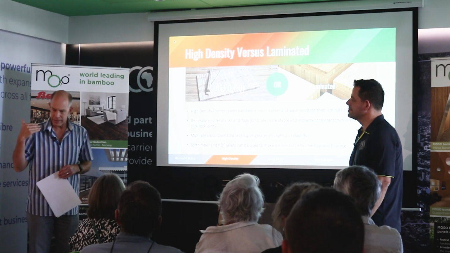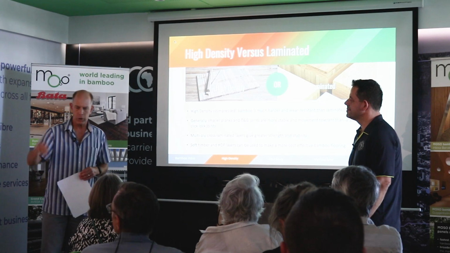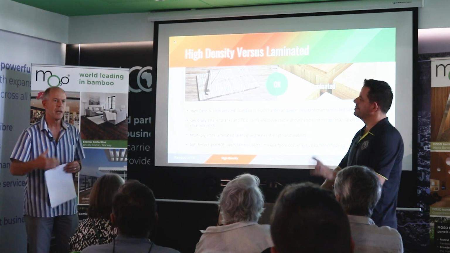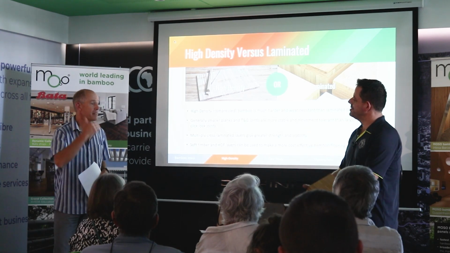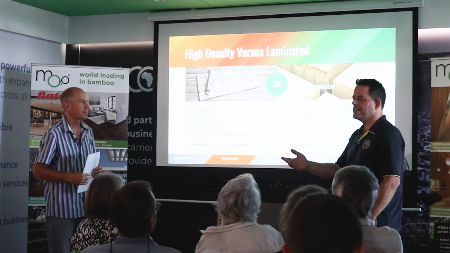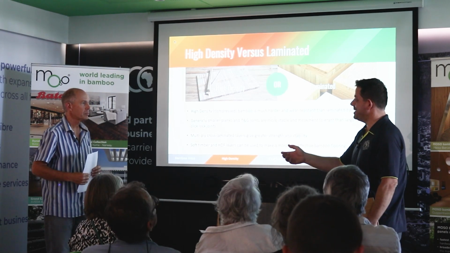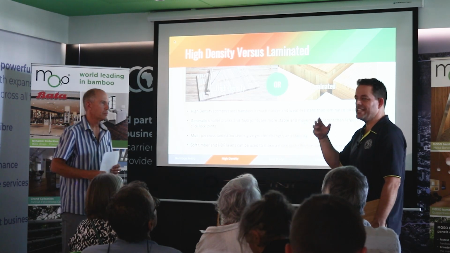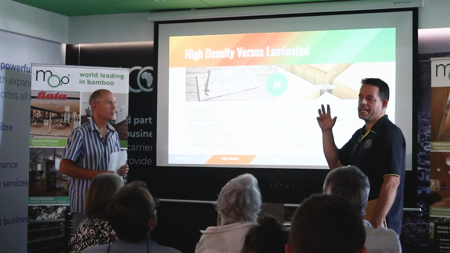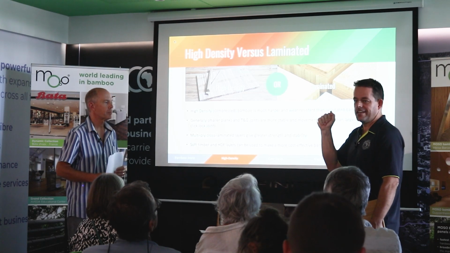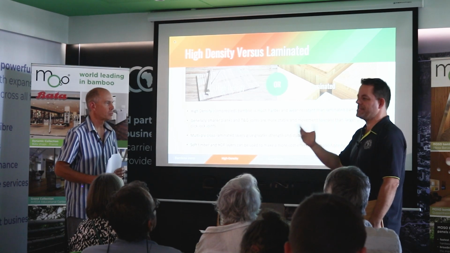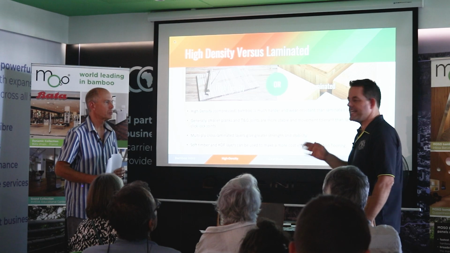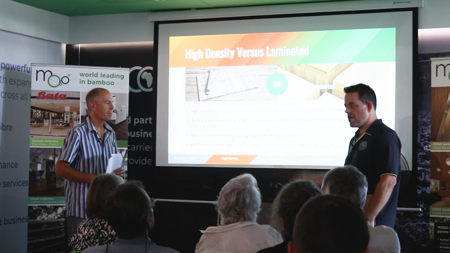You've all seen timber flooring that has little pock marks from furniture, hard shoes and stiletto heels, but high density will not dent. From what I understand, the capillary structure of the bamboo in strand woven has been crushed and flattened, so the maximum amount of denting has already occurred.